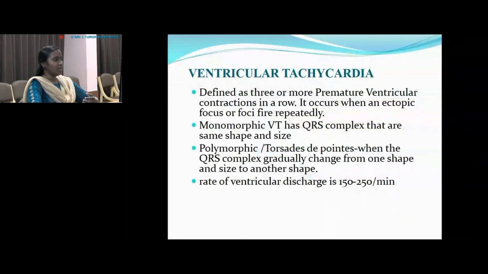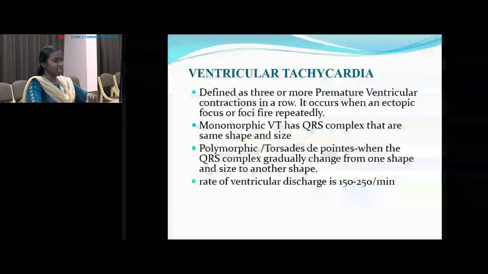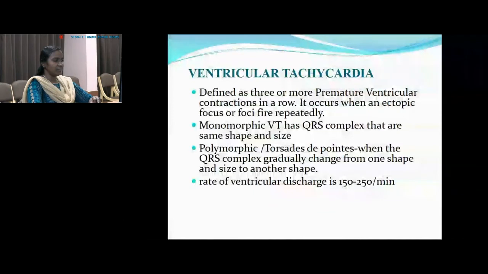Monomorphic VT has QRS complexes that are the same shape and size, and polymorphic VT has a different shape or pattern of the QRS. When the QRS complex gradually changes from one shape and size to another, we say that is polymorphic VT or torsades de pointes. Here the rate of ventricular discharge would be 150 to 250 per minute.